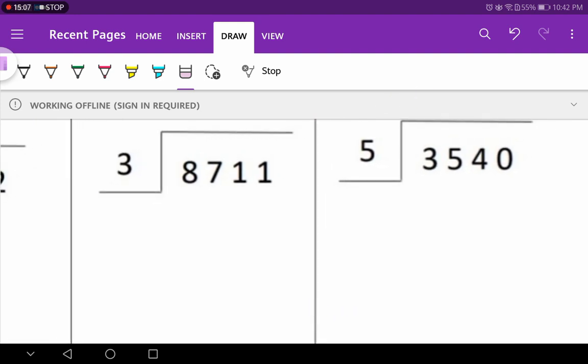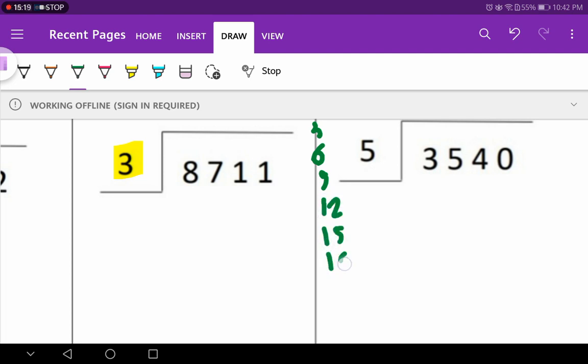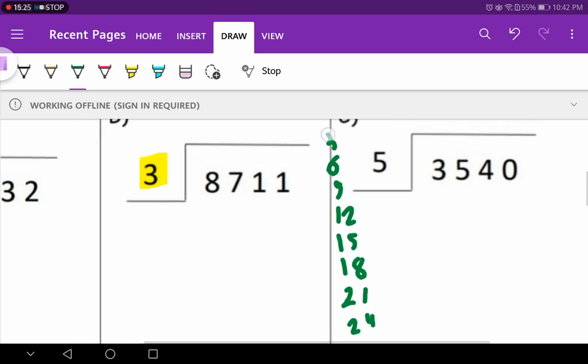Let's go. Now the 3, I will draw my map with the 3: 6, 9, 12, 15, 18, 21, 24. Okay, this is 3 by the way. Now first of all I will look for the 8.